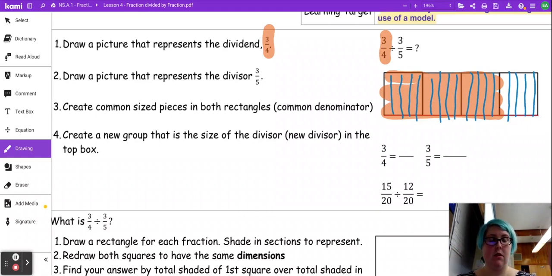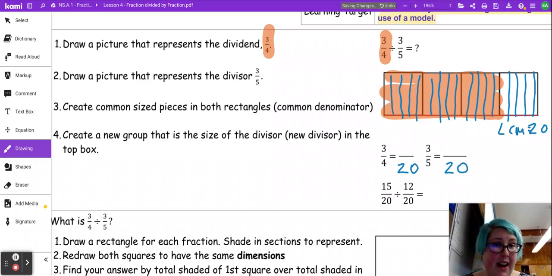So, how do we figure out how many 3/5 are in 3/4? You'll notice we now have 20 different sections in this box. That happens to be our LCM, 20. So on these fractions down here, we can actually count.